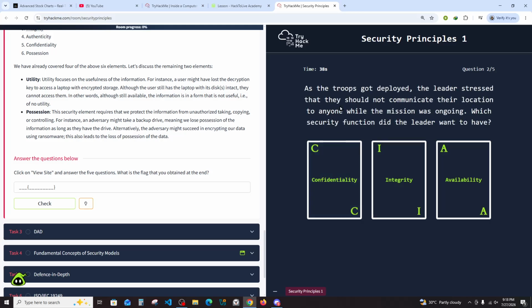As the troops got deployed, the leader stressed that they should not communicate their location to anyone while the mission was ongoing.